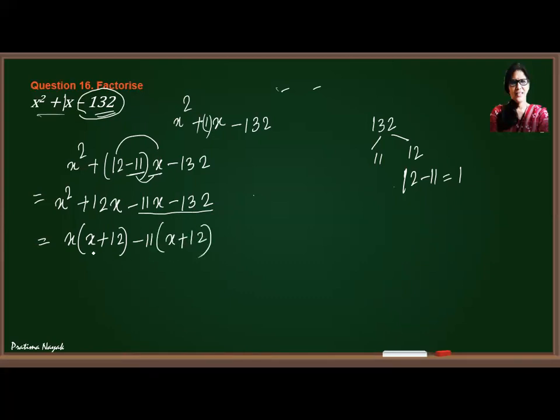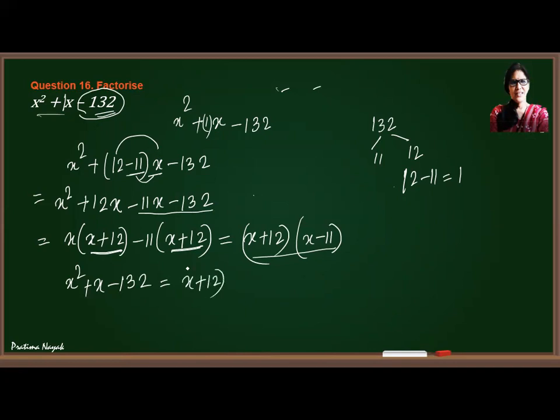Take care that whatever you are getting in the first term, you should get in the second term. Next I'll take x plus 12 common, so x will be left in the first one, 11 in the second. Just see the factors, one is positive, one is negative. So x square plus x minus 132 is equal to x plus 12 multiplies x minus 11.